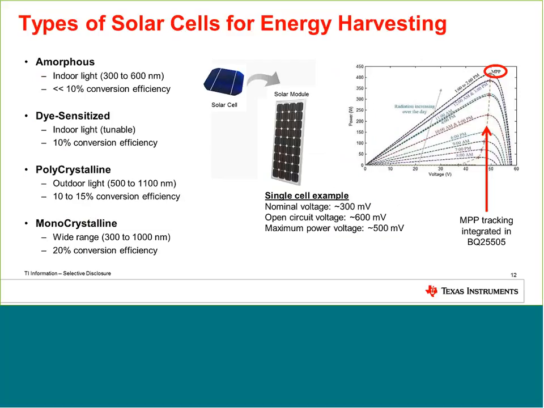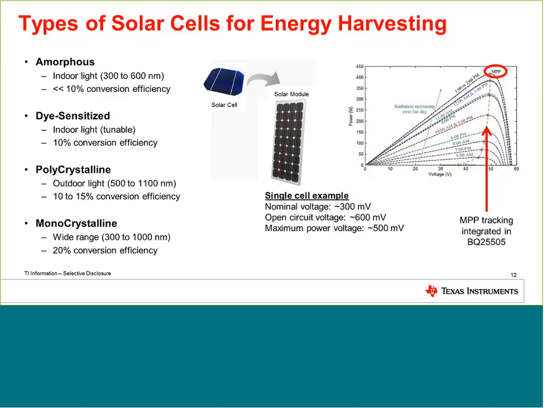So here are different types of solar cells for energy harvesting, and on the left side we can see that for different applications we have indoor, outdoor, and also the wide range. It's specified by wavelength in nanometers, and also we can see the conversion efficiency of the solar cells that are then used to create solar modules and solar panels. The nominal voltage on the single cell will be around 300 millivolts.